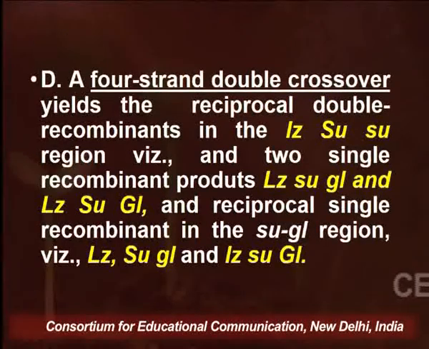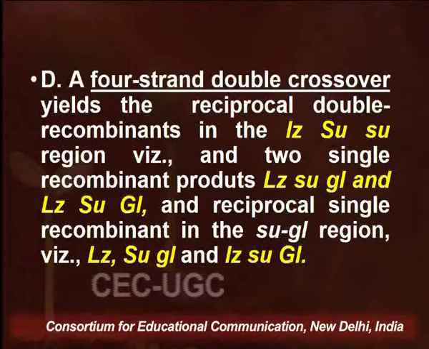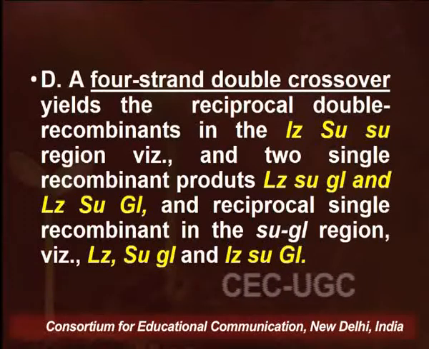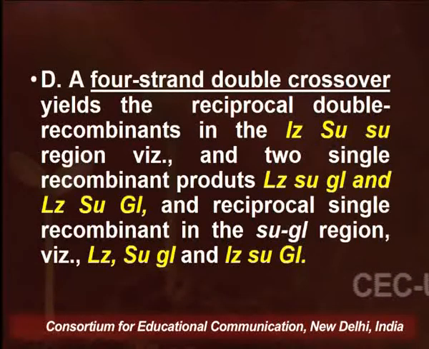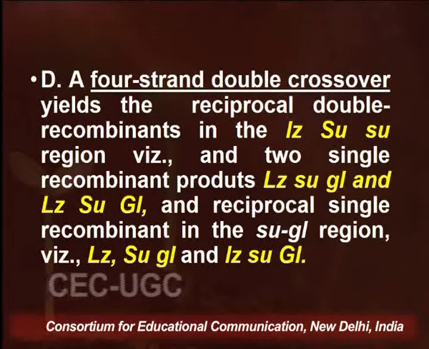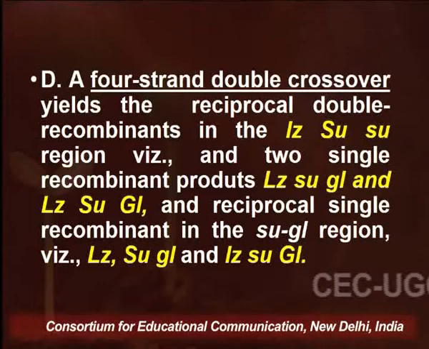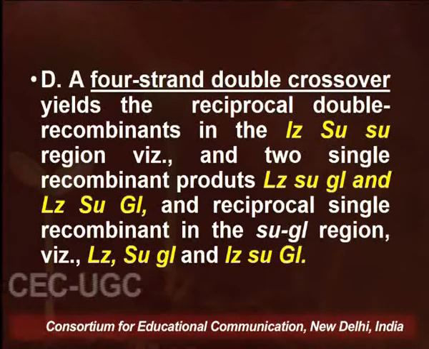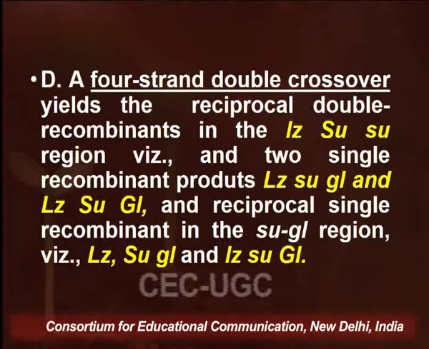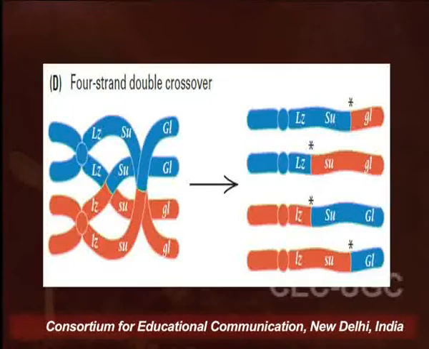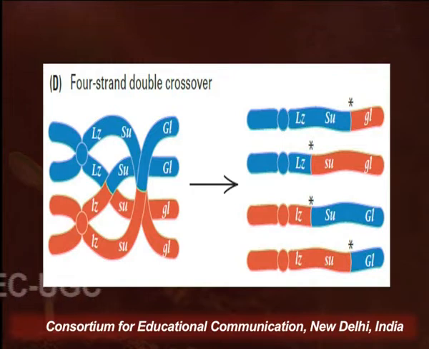Finally, a possibility would be that there is a 4-strand double crossover. That means chromatids 1, 2, 3 and 4, all of them are participating in recombination, and in this case you would find reciprocal double recombinants, 2 single recombinant products and a reciprocal single recombinant product in the SU, GL region. This is how we signify a 4-strand double crossover.